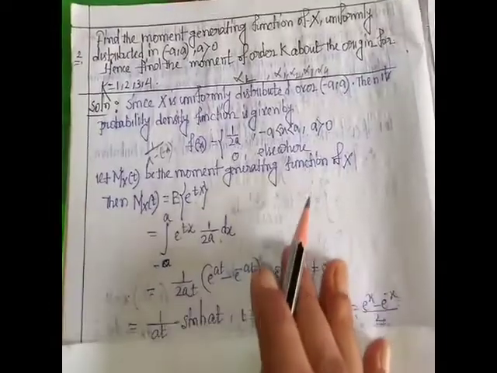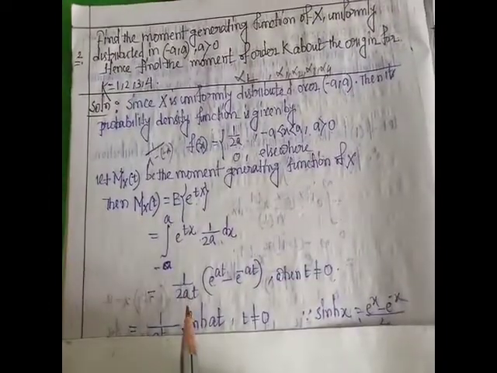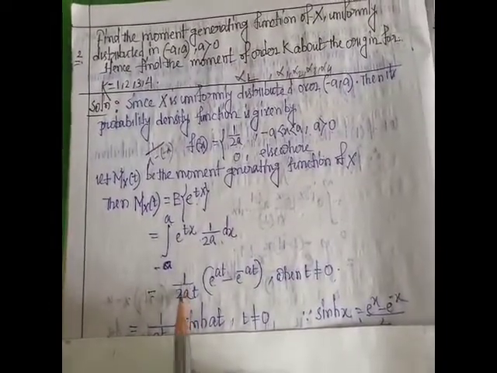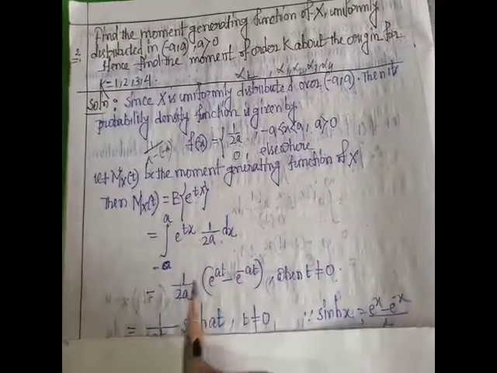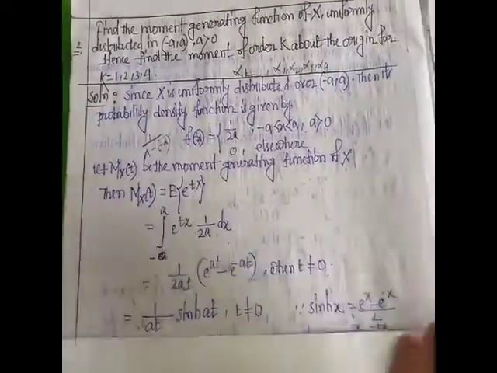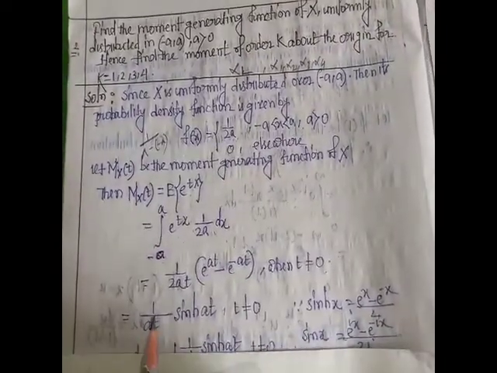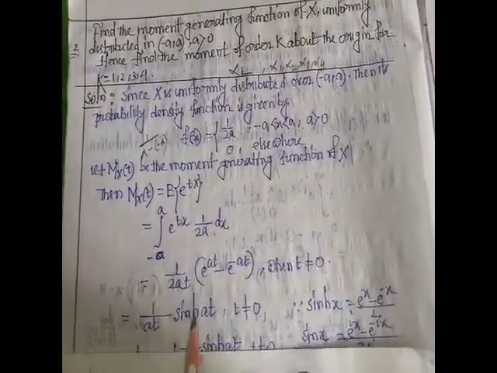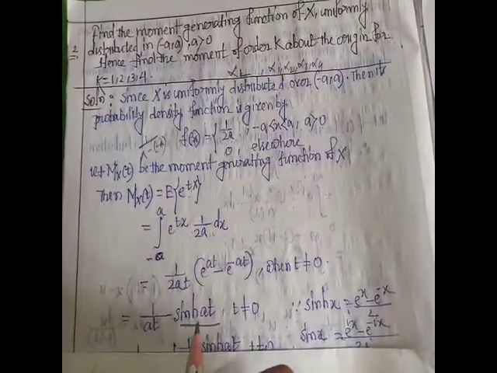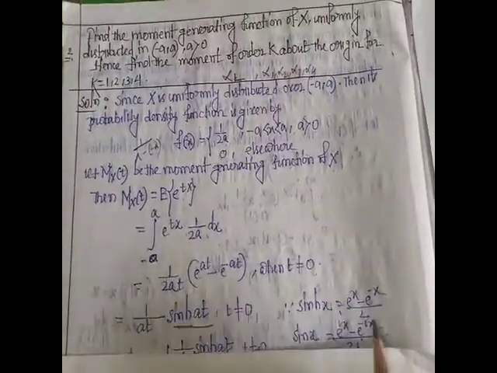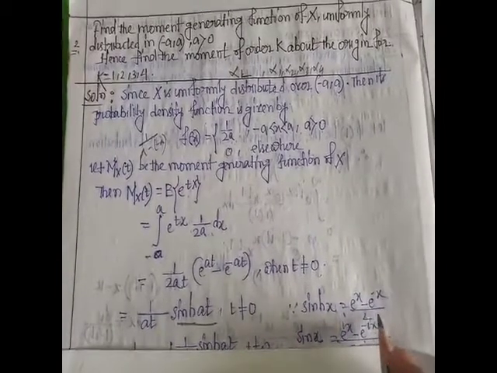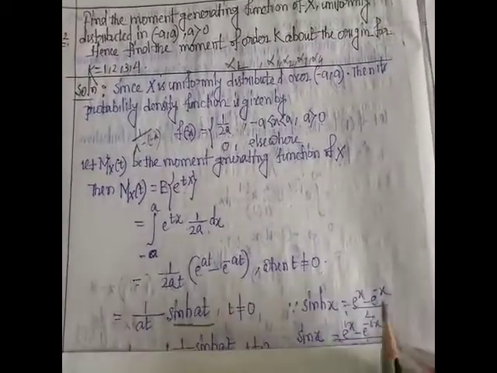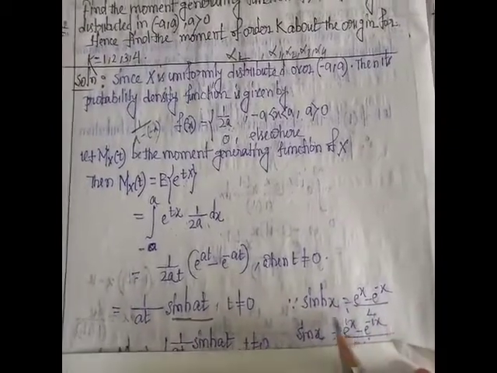After calculation we get 1 by 2at into (e to the power at minus e to the power minus at). This is also equal to 1 by at sinh(at).